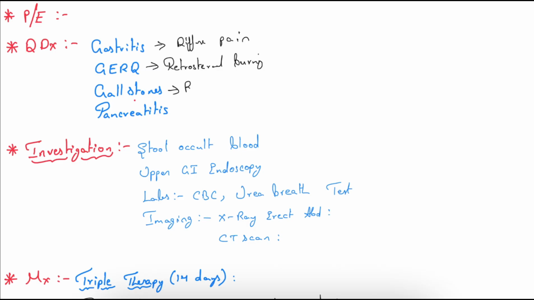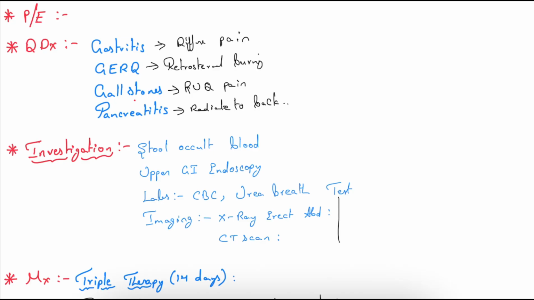Next we can see gallstones. In gallstones the patient mostly will get right upper quadrant pain. Next we can see pancreatitis. The patient will get pain in the epigastrium and it will radiate to the back. So if anyone asks for differential diagnosis, you have to tell gastritis, GERD, pancreatitis and gallstones.